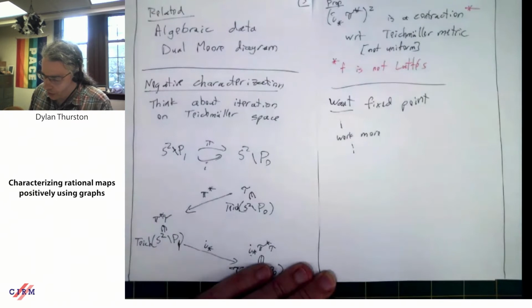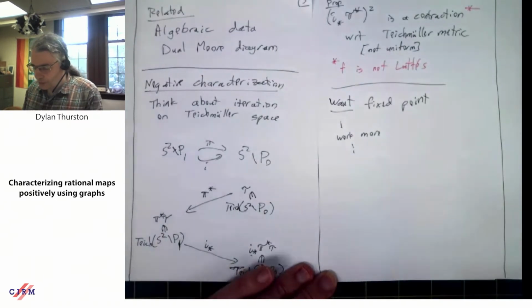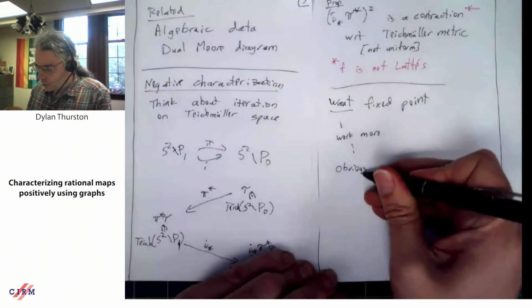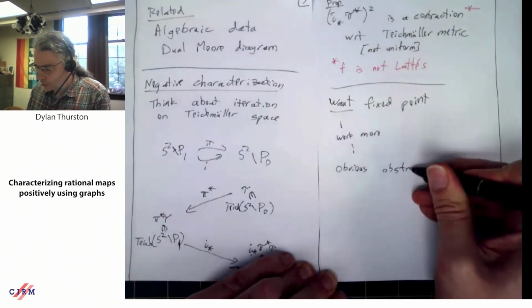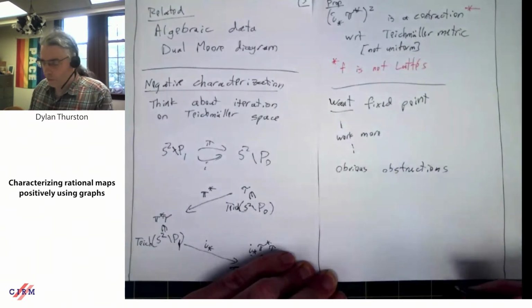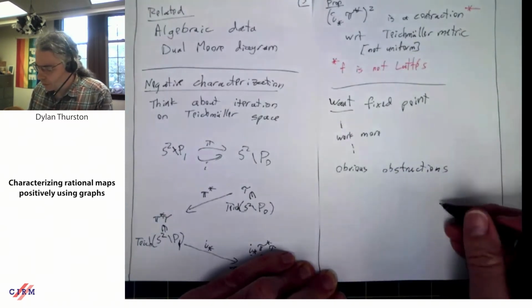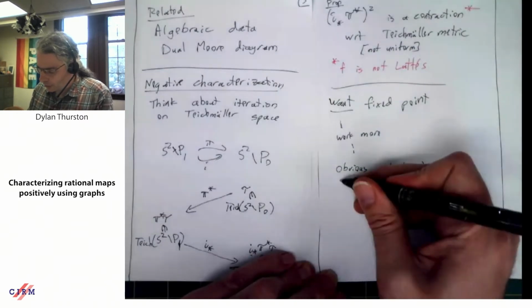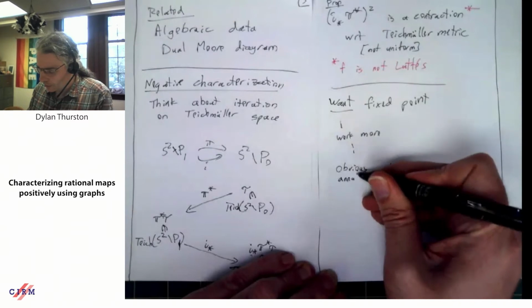And you think about cases where there obviously cannot be a fixed point. So there are some obvious obstructions which come from basically annuli getting thicker.